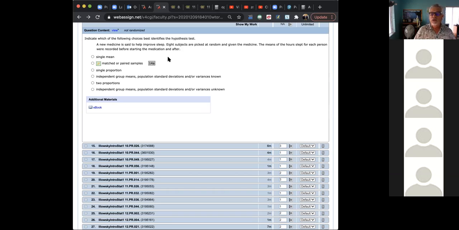Okay, so really what we're doing is comparing per individual in the study, the amount of sleep before and the amount of sleep after the treatment was given. And so we can match pairs, can't we? All right. So the 2 sample problem becomes a 1 sample problem by taking differences, let's say. All right. And so we choose the second option here, matched or paired samples.